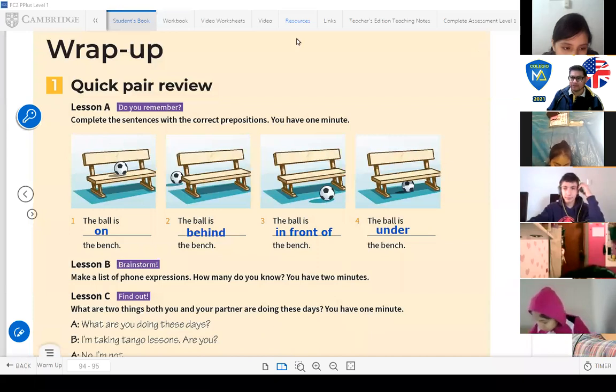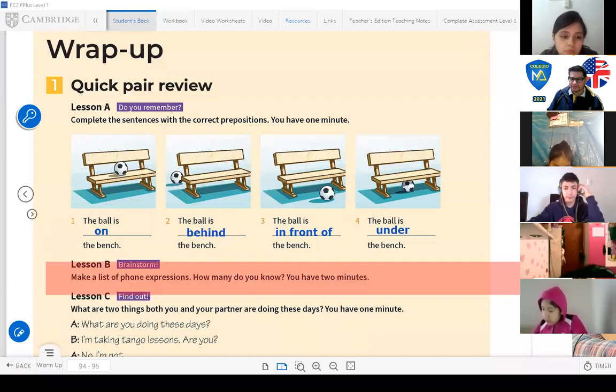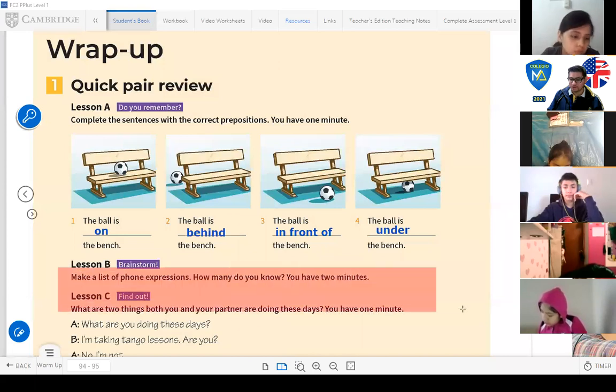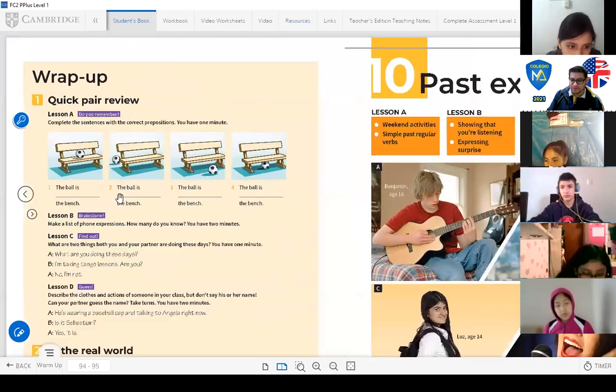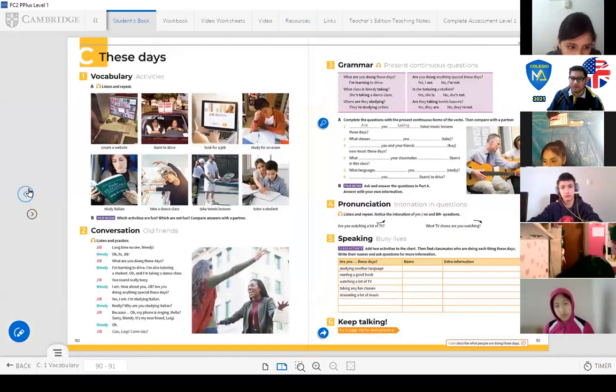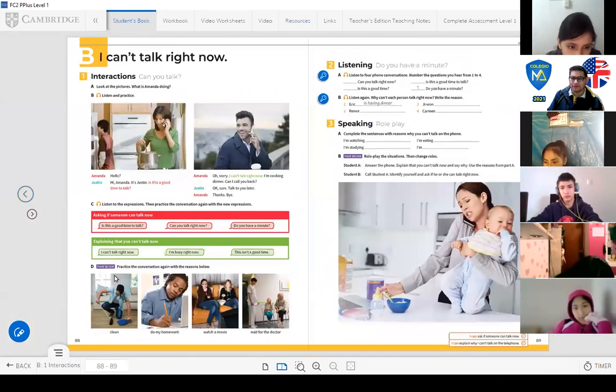Yeah. Now here it says, make a list of fun expressions. How many do you know? Do you remember the fun expressions? This is from lesson B. If you look at your books here in lesson B, you have fun expressions.